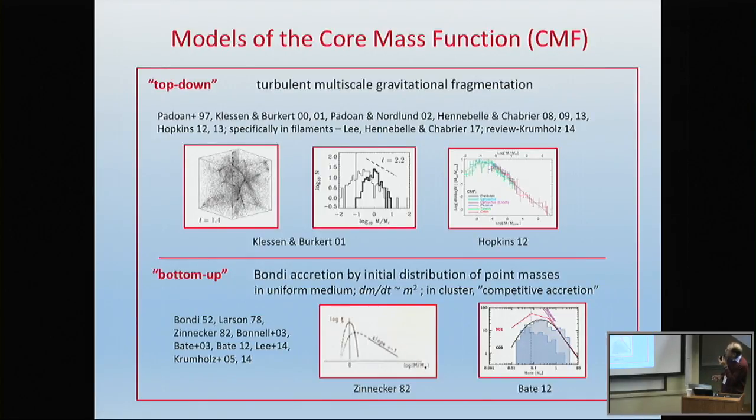At the other extreme, you have the bottom-up kind of model, where you have point masses that are pulling mass in from a surrounding medium, so-called Bondi accretion. If you have an initial distribution of point masses in a uniform medium, then you can start out with a narrow distribution like this, and because the Bondi accretion rate goes as the square of the accreted mass, the rich get richer.